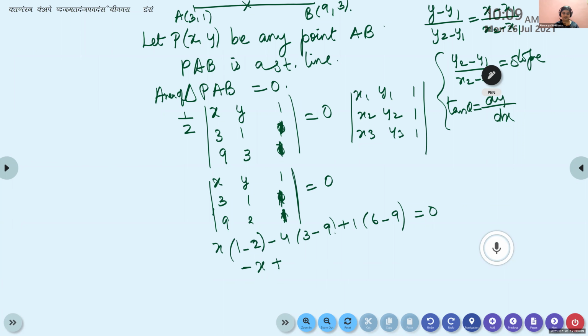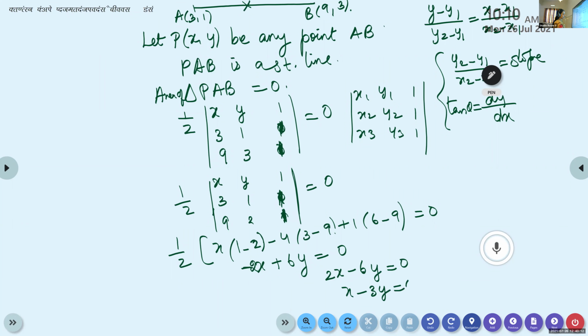I got 1 by 2 into (minus 2x plus 6y) is equal to 0. Minus 2x plus 6y is 0. So the 2 you take to the other side, you can write 2x minus 6y is 0. You can write this as x minus 3y is 0. Is it correct, Karthik? Are you getting this answer?